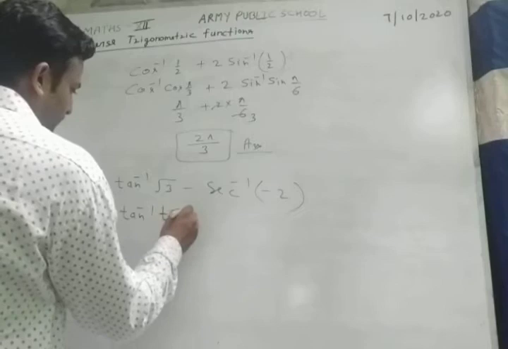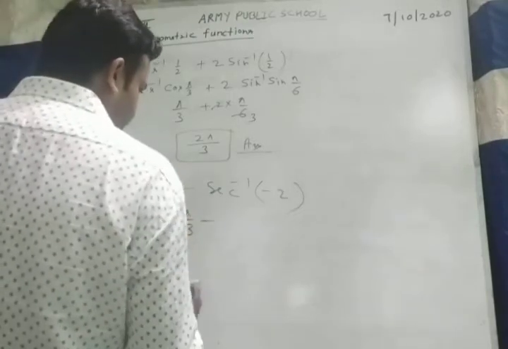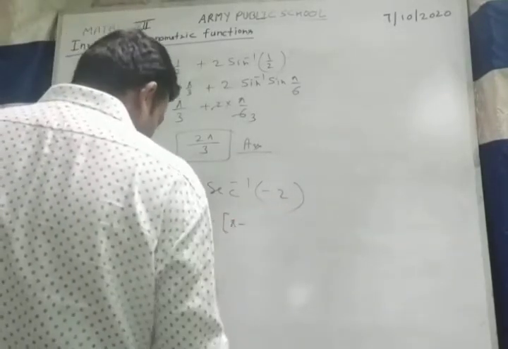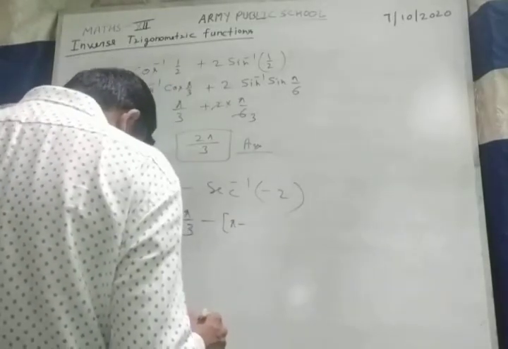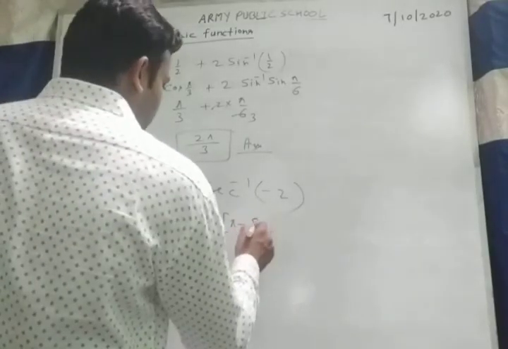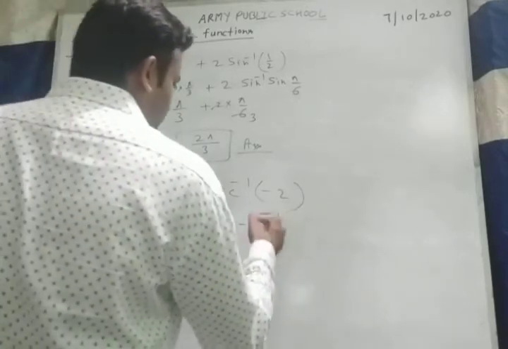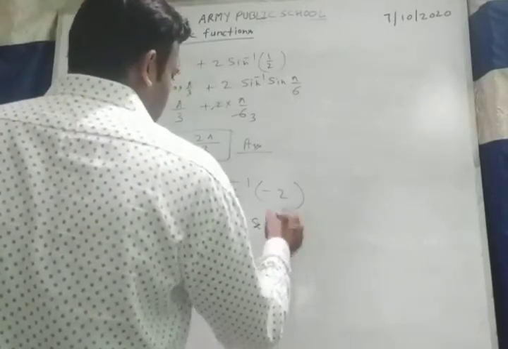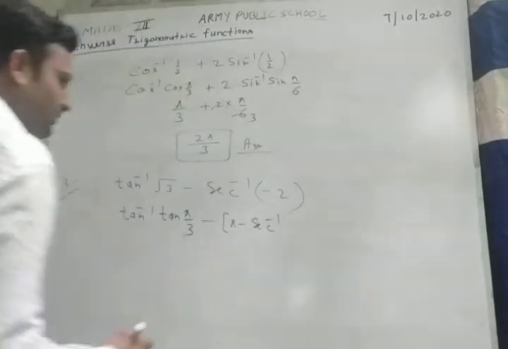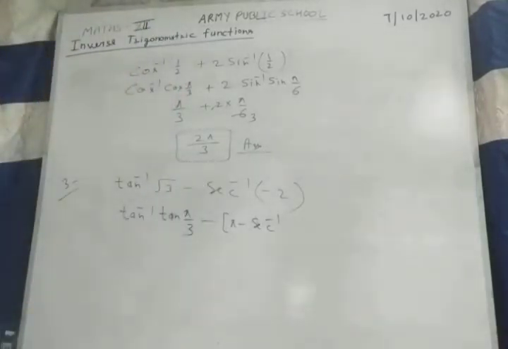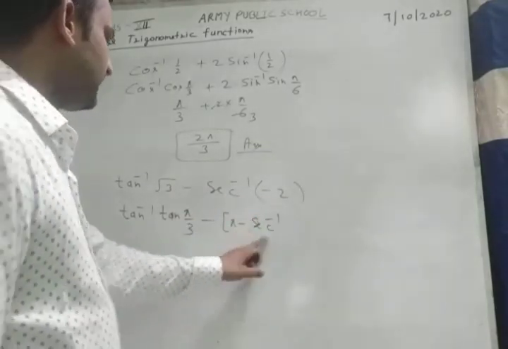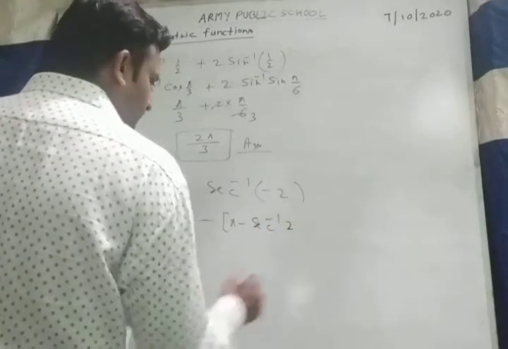So it can be written as tan inverse tan pi by 3 minus sec inverse minus 2. Using the formula sec inverse minus theta is equal to pi minus sec inverse theta, it will be pi minus sec inverse 2.